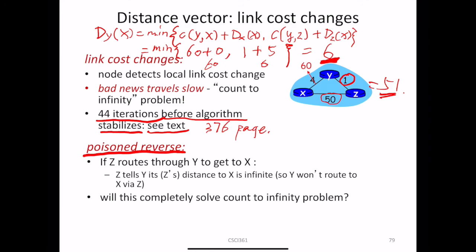The poisoned reverse works because x, y, and z in the upper example are directly connected with each other. However, in the real case, the topology of the entire network is more complicated than this one. So the poisoned reverse solution may not always work for the count to infinity problem.